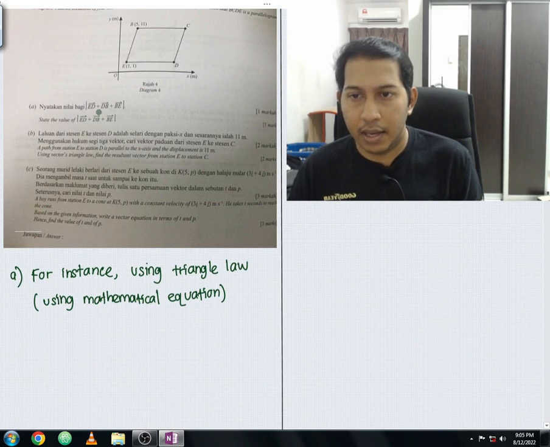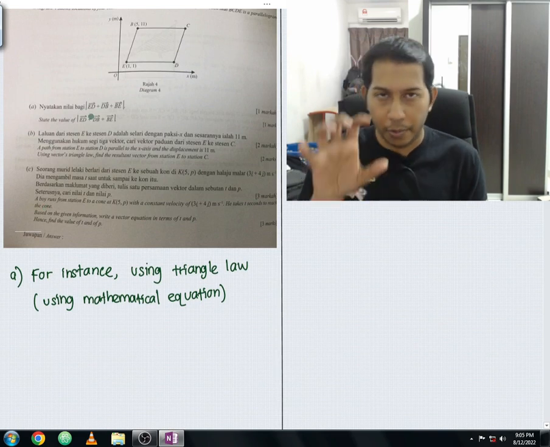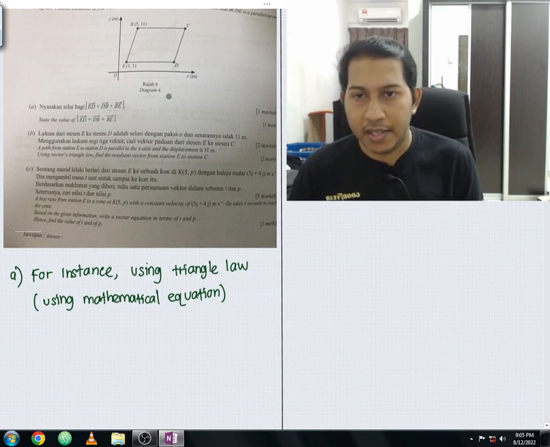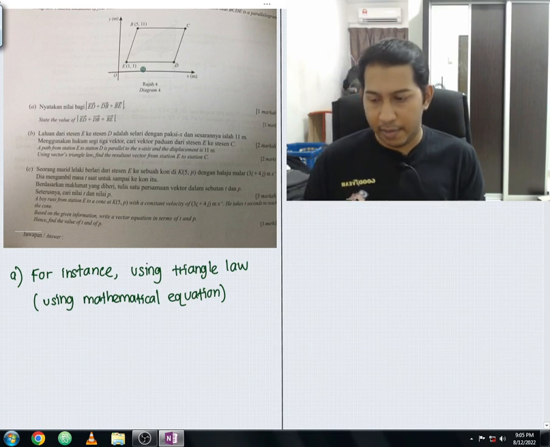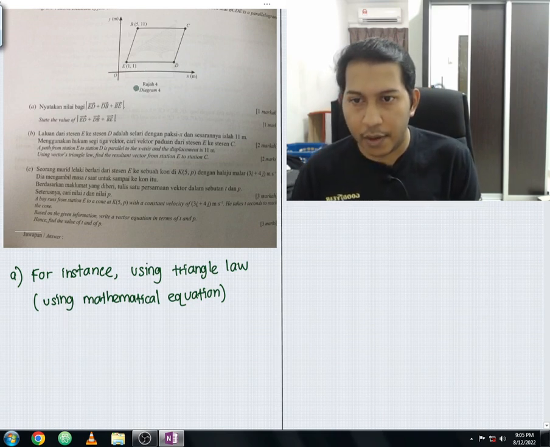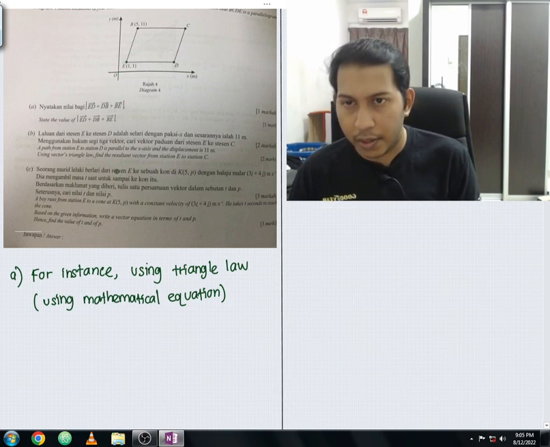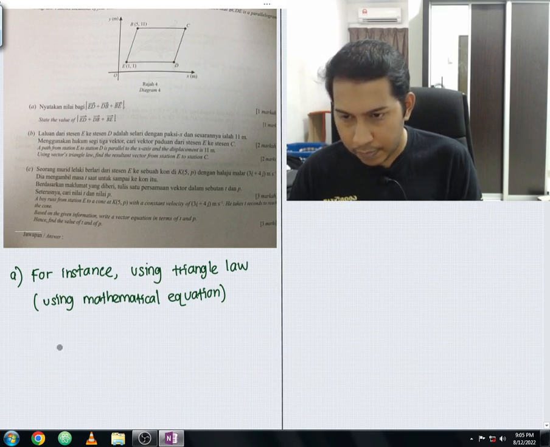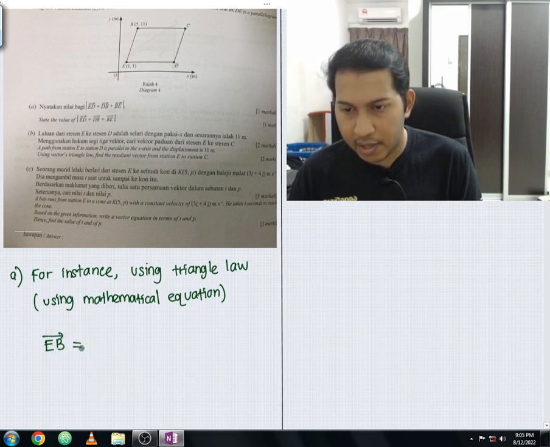Let us calculate one of the components of the vector first. If we're using a mathematical equation, let's say we take EB for example. To get the vector EB, how do we form it?